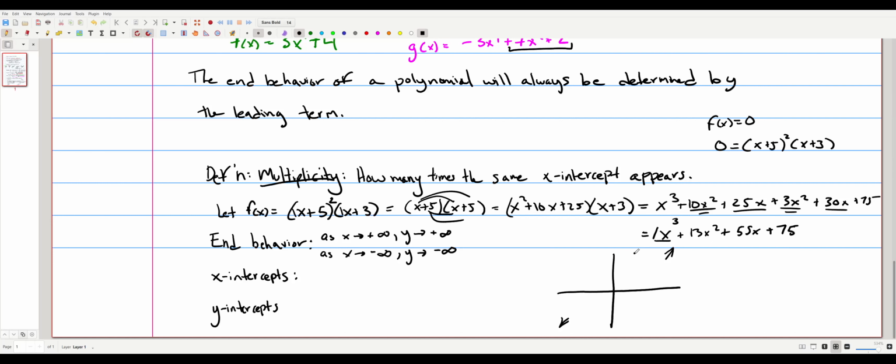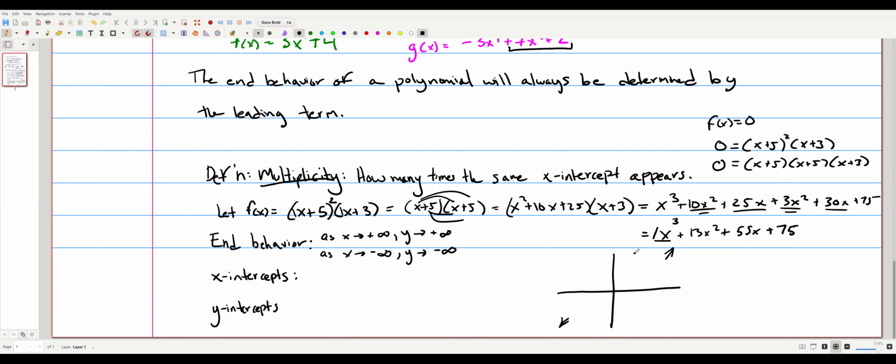And hopefully by now you can see that we're using the zero product property. So 0 is equal to (x plus 5) times (x plus 5) times (x plus 3). When are these three things going to multiply to 0? Only when the inside of the parentheses is equal to 0.